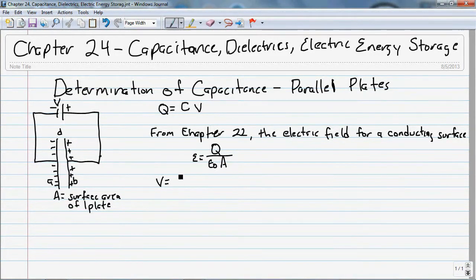along the electric field. So that's going to be VB minus VA is equal to the negative of the integral from A to B of the electric field times the differential length, and that's a dot product, so that would be the cosine, but the cosine here is going to be 180 degrees.